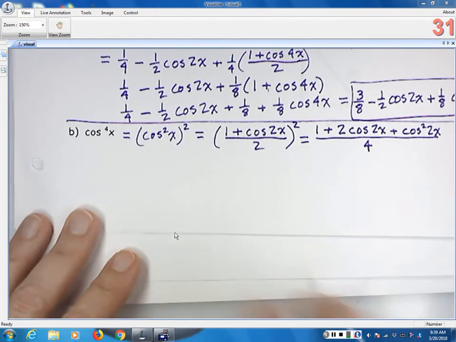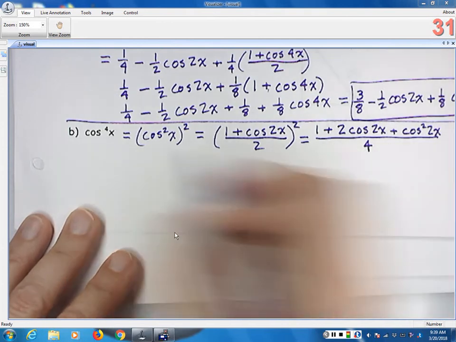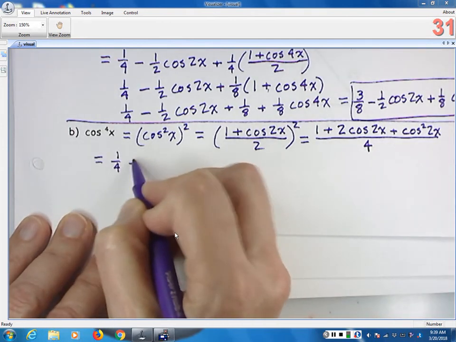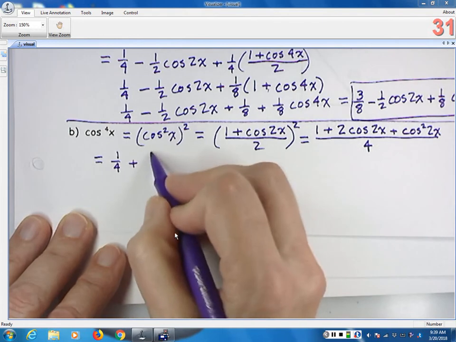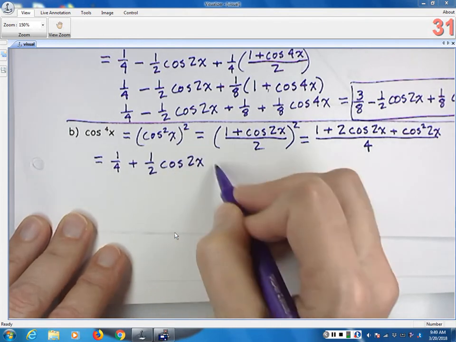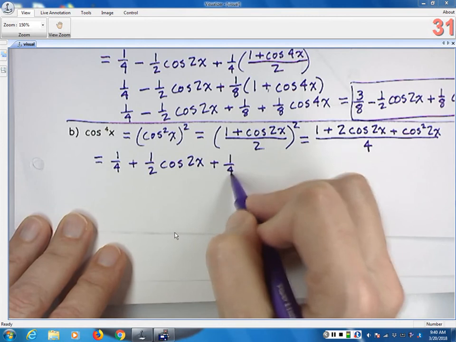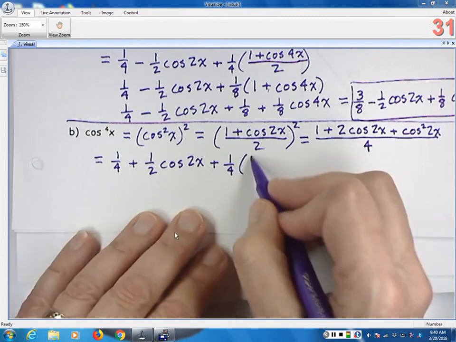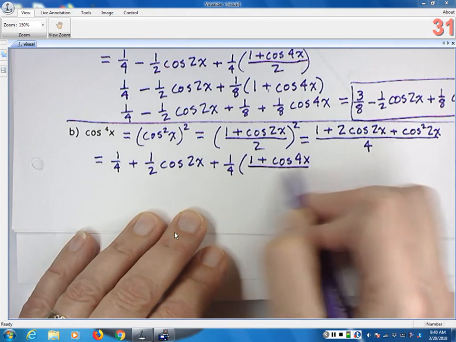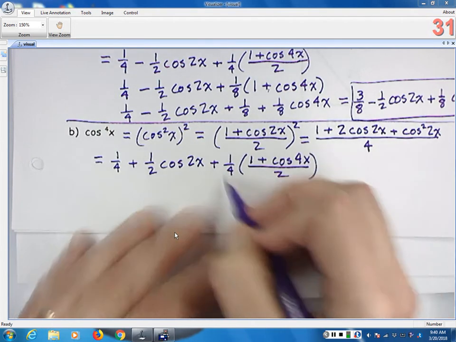Okay, so separate it: 1/4 plus 2 over 4 is a half cosine 2x plus a 4th times 1 plus cosine 4x over 2. This is 1/8.